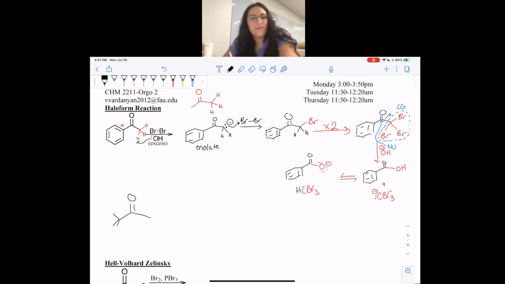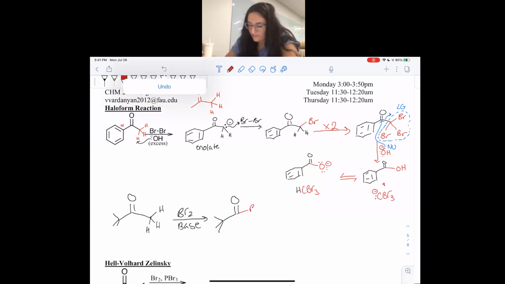This looks different, but again, it has 3 alpha hydrogens. We have Br2 and base. It gives us an intermediate that looks like so.